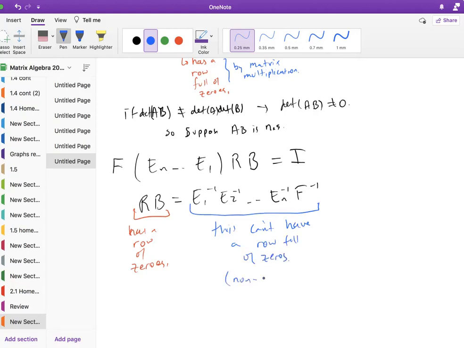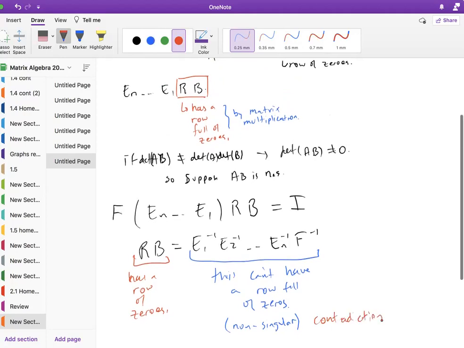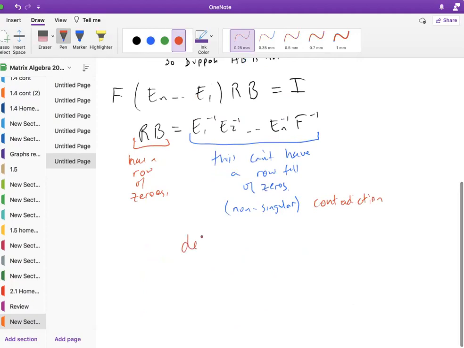This is non-singular. The whole thing is non-singular, so it can't have a row of zeros. So that's a contradiction. That means the determinant of AB must equal zero.